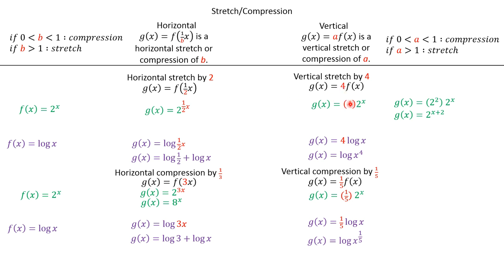Now notice we had to multiply by 4 to get a horizontal translation of 2, so it doesn't go evenly, but it still does the same thing. It's awesome. So vertical stretch, horizontal translation, that's exponential functions. Horizontal stretch and vertical translations are log functions. It's crazy.